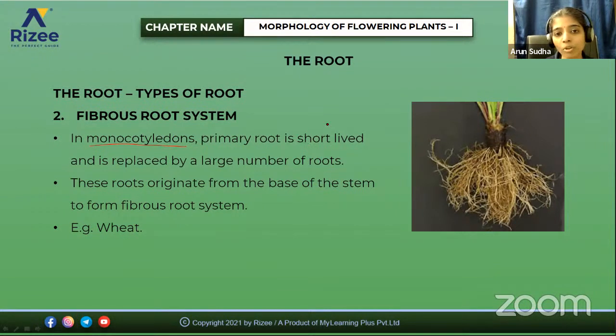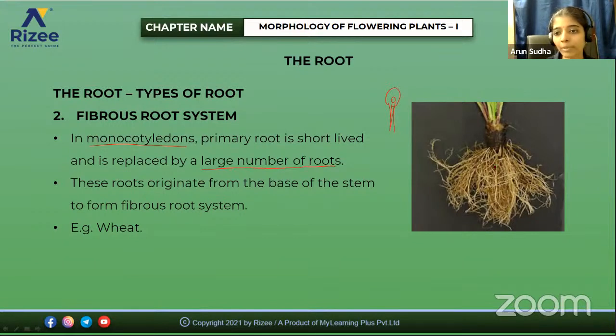The primary root is the one that develops first: in the embryo there will be a radicle, and the radicle develops into the root. So the first formed root is the primary root. The primary root is short-lived and is replaced by a large number of roots in the case of monocotyledons.